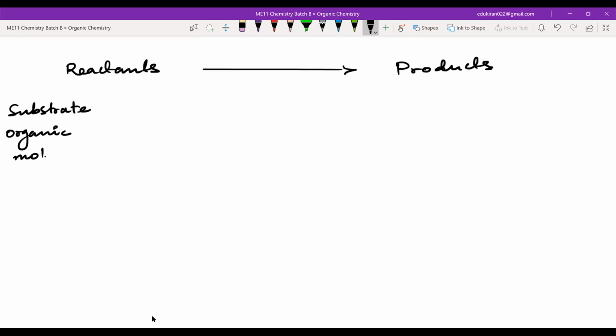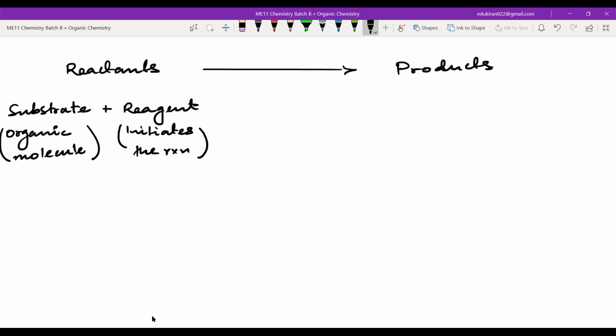This is the substrate, plus a reagent. What is a reagent? The reagent is something that initiates the reaction, and it is more unstable. It is sometimes organic, sometimes inorganic also. Mostly it is inorganic.